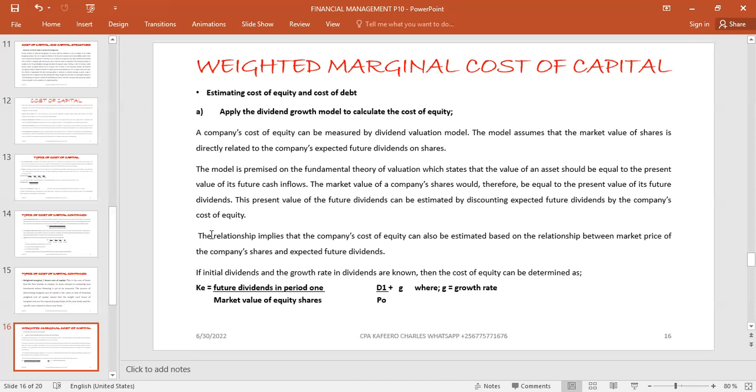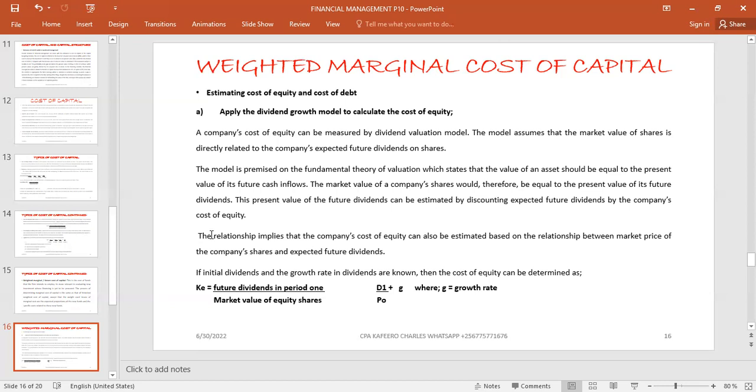Here we have two ways of estimating the cost of equity and the cost of debt. One, we can apply the dividend growth. When you have the dividend growth rate, they give you a growth rate, and you see how to apply it to the cost of either equity or debt, and you get the required rate of return.